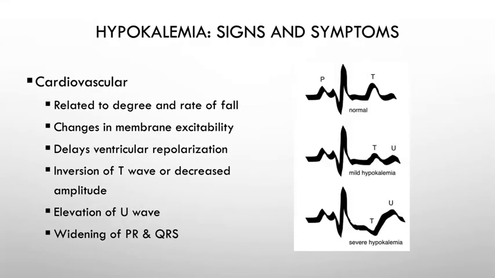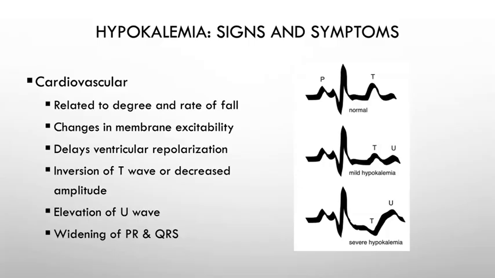Hypokalemia can cause many types of atrial and ventricular arrhythmias. Patients may complain of heart racing or slow heart rate, skipped heartbeats, and palpitations. The primary EKG changes are flattened T waves and ST segment depression. In severe cases, the T wave becomes inverted and the U wave appears, as shown in the pictures on the right.